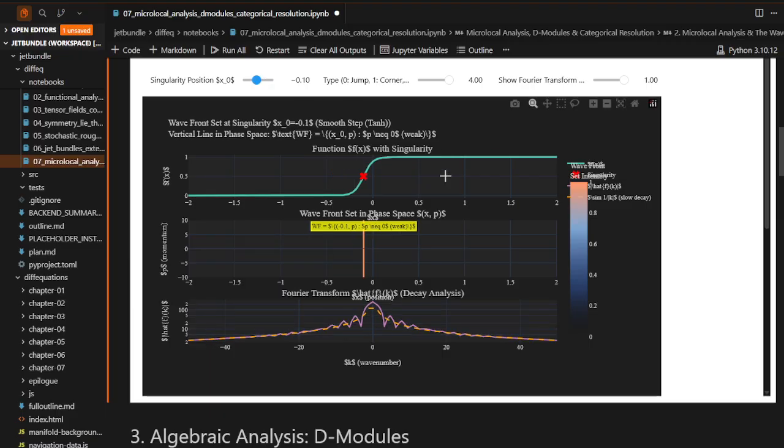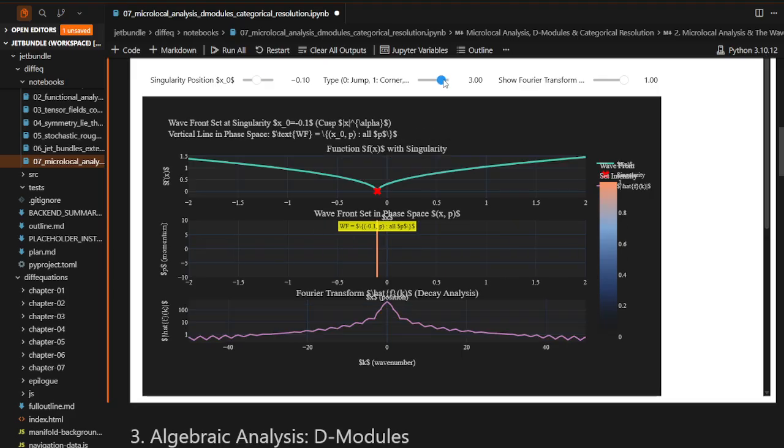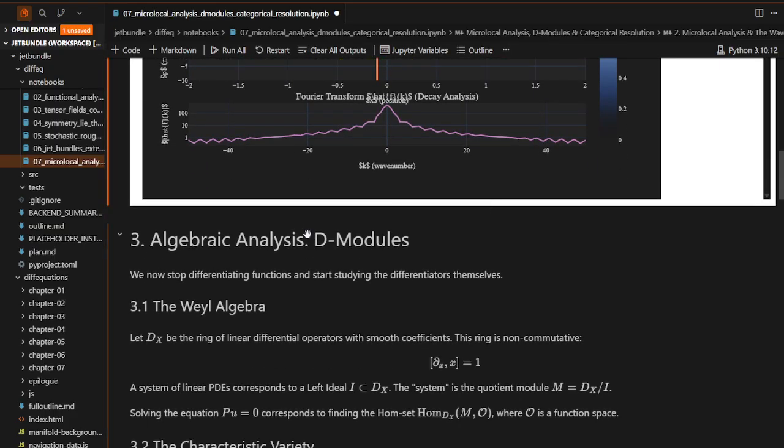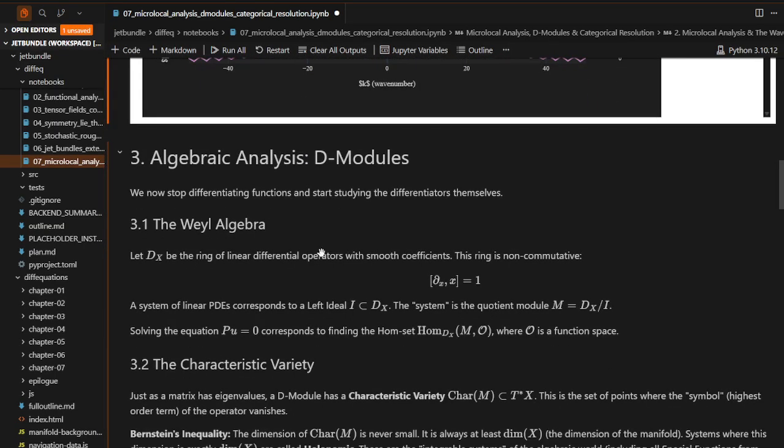All right, and if your function has a jump discontinuity, let's go back to the discontinuity here. If the function has a discontinuity, then the wavefront set is basically saying, I refuse to be smooth in every direction except the boring p equals 0, 1. All right? And that's what the rebellious function is inscribing onto the cotangent bundle.